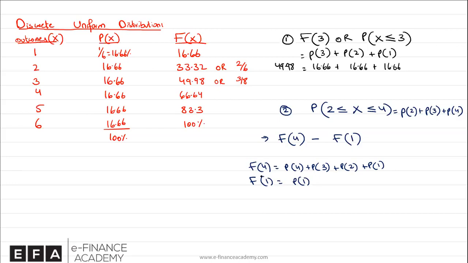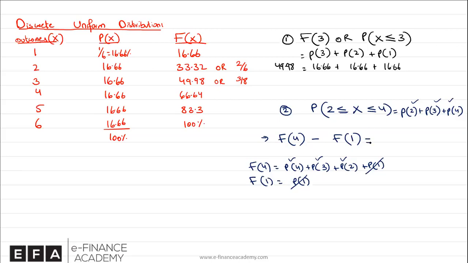So when we subtract F4 minus F1, this and this cancel out. What we are left with is only P4, P3, P2, which is exactly what we wanted. So you're not going to subtract F4 minus F2; rather you're going to say F4 minus F1, because there is an equal sign with 2, which means we are going to include 2 as well.